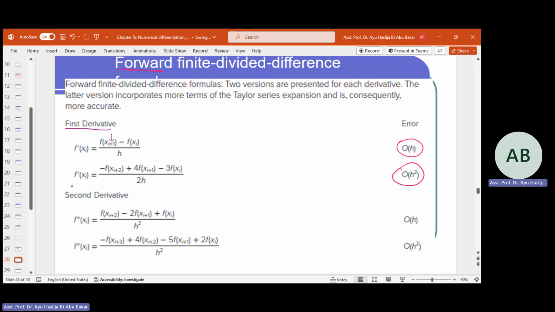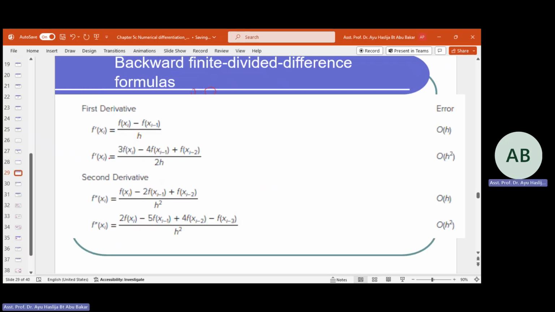If the question mentions to find the first derivative at higher level order, meaning that you will need to use the O(h^2) level. Okay, you get what I mean? If the question says at higher level order, you need to use O(h^2). This one is forward, similar to backward, up to O(h^2).